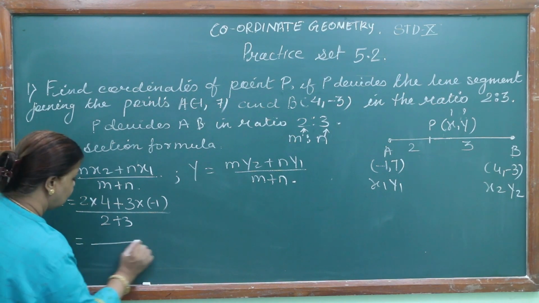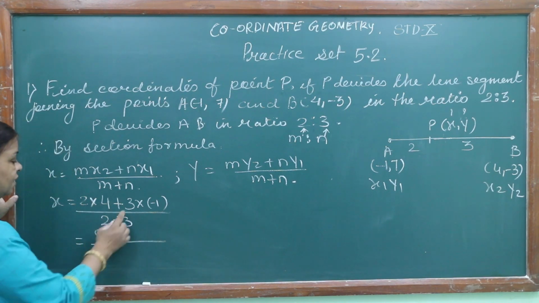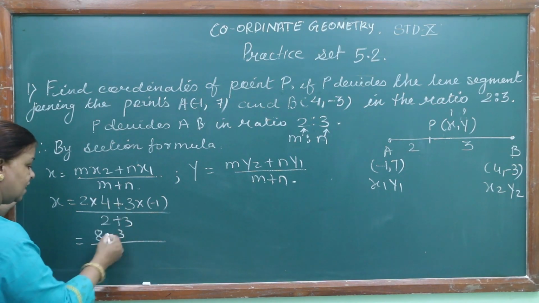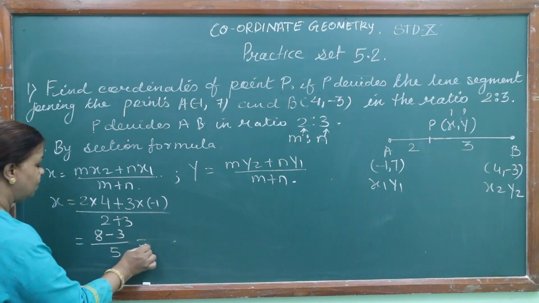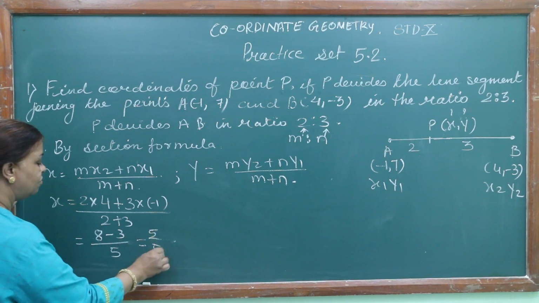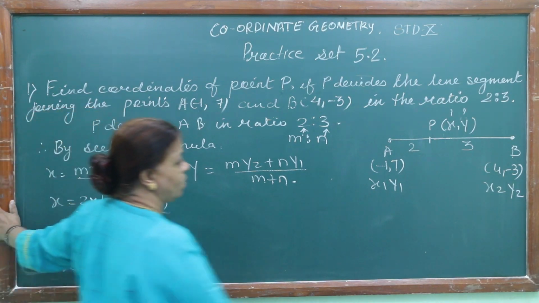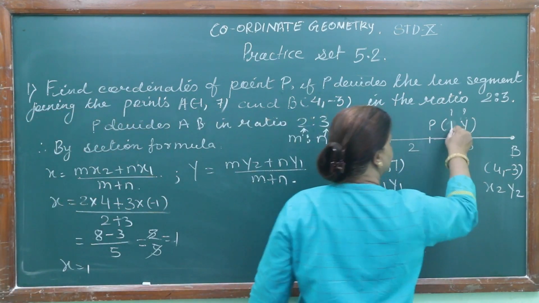So this would go 2 fours are 8, 3 into 1 minus 3, plus 1 minus 3 upon 5, which will be 8 minus 3 will be 5 upon 5, 1. So x coordinate we got as 1.